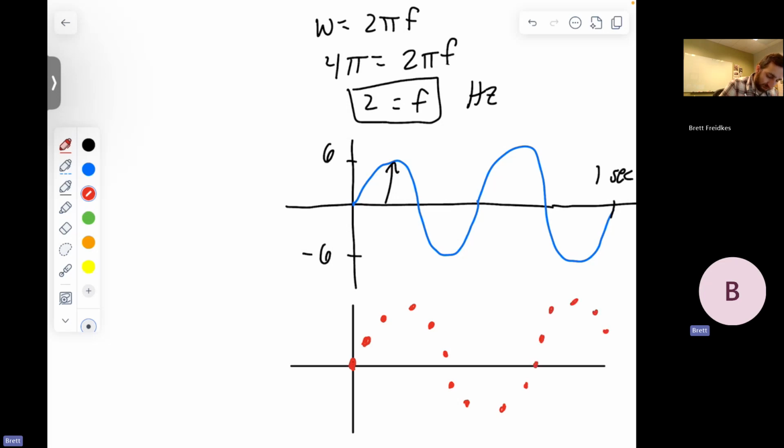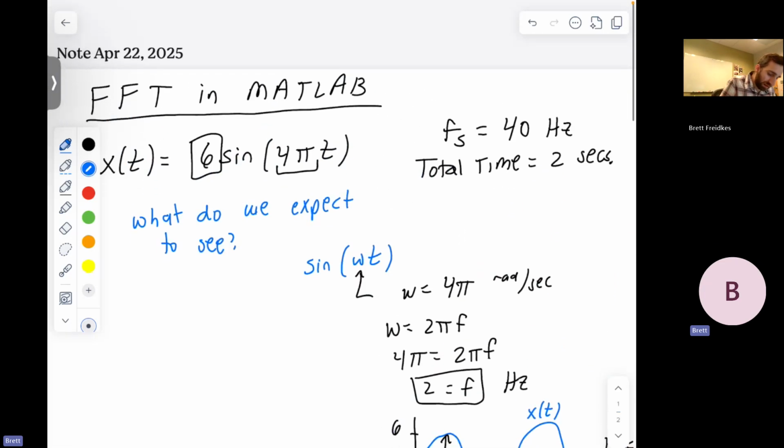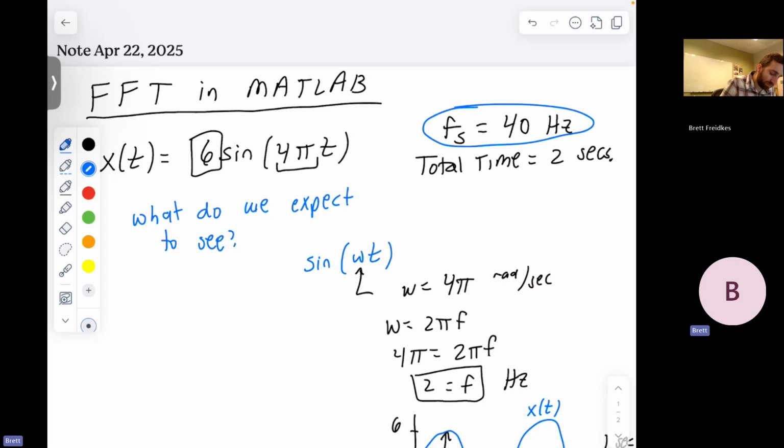And I'm running out of space here, but I'm hoping you get the idea that we are not seeing the entire continuous curve. We are seeing discrete data points. So these are sampled points of x of t, which was this function up here. That is what f of s is.